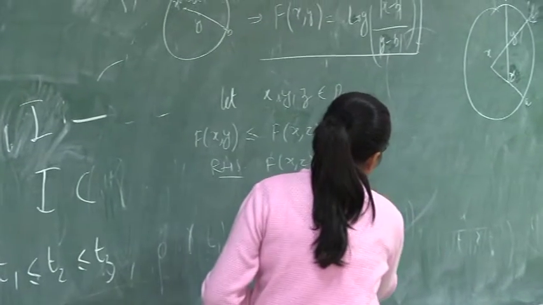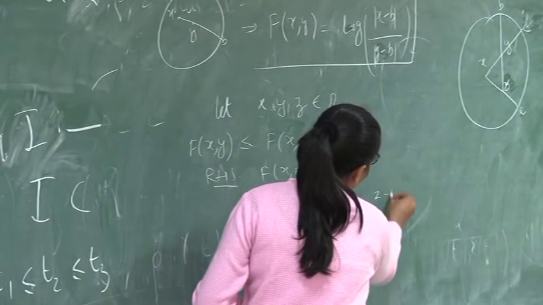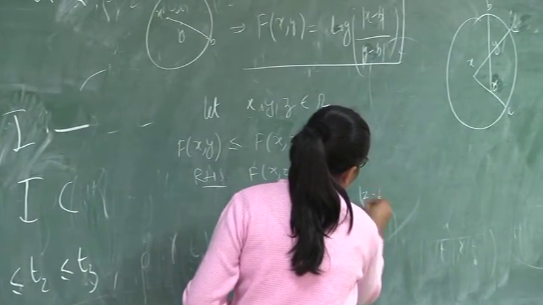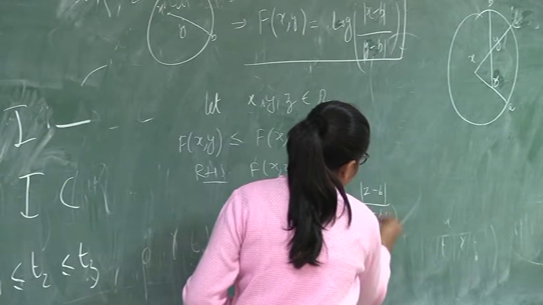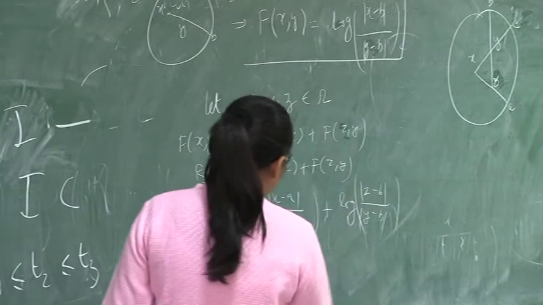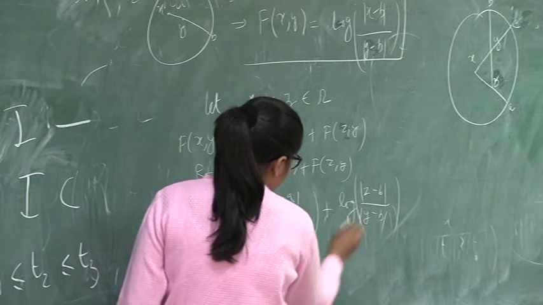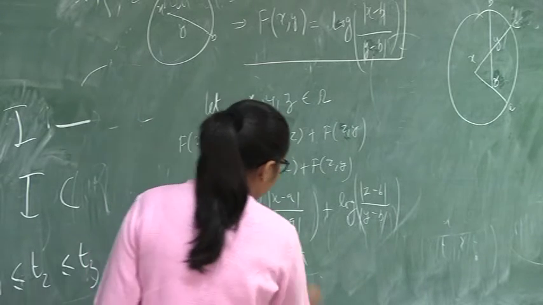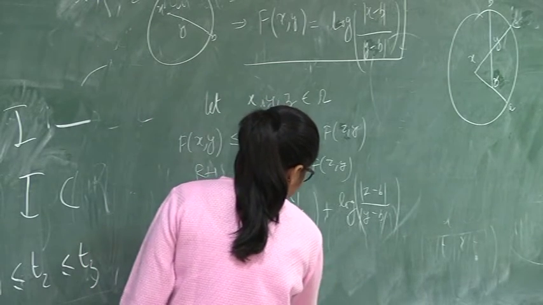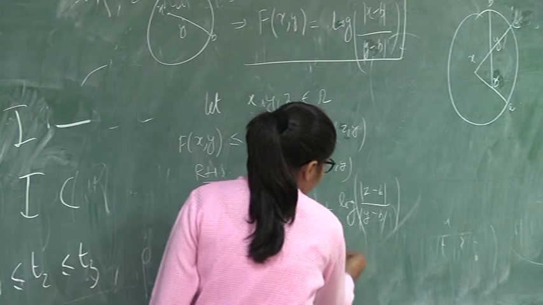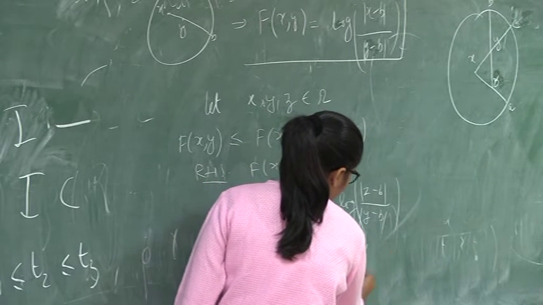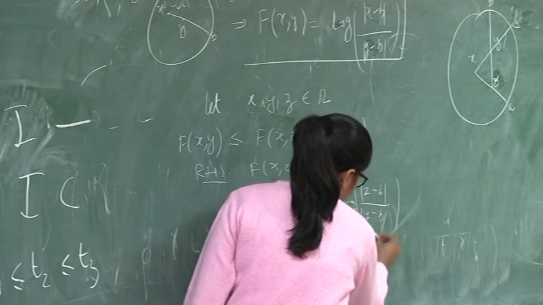Fzy is log of z minus b upon y minus b. Here we use the property of log, which is log m plus log n is log mn: x minus a, z minus a into z minus b upon y minus b.